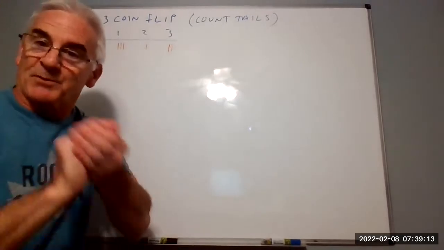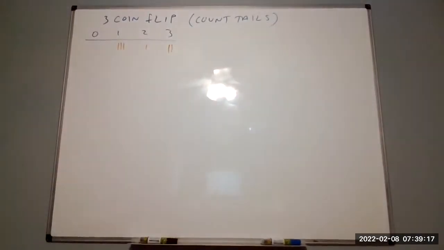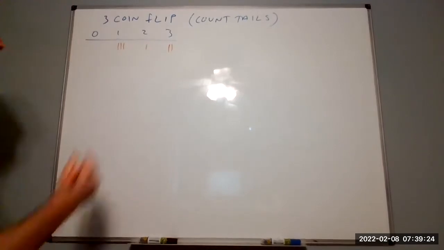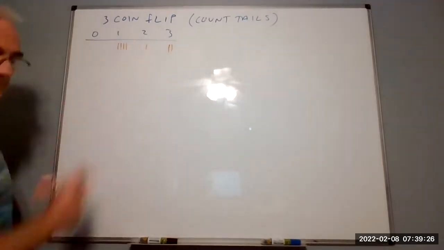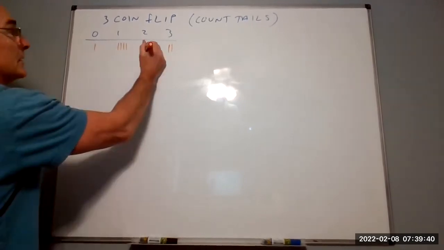These are simple experiments you can actually do on your own, obviously. Oops, hold on, one fell off the table, that doesn't count. Try that again. I got 1 tail. I got 0 tails. I got 2 tails.